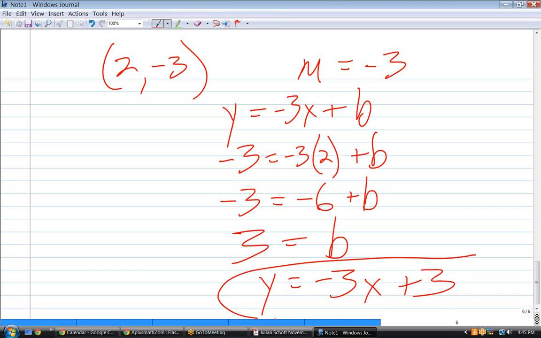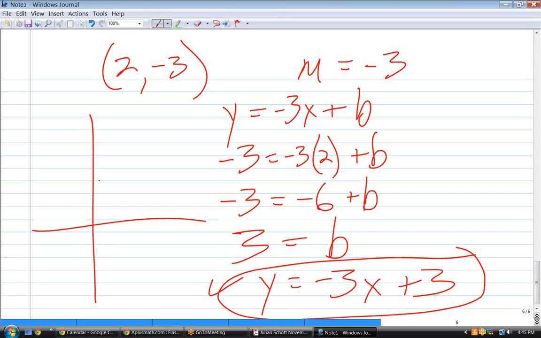There's your final equation. In other words, we substitute that point, but then once we've solved for b, we got to go back and put the y and the x back where they belong. This equation works for every single point on that line. If I were to graph that line, it goes through that intercept. It has a slope of -3.